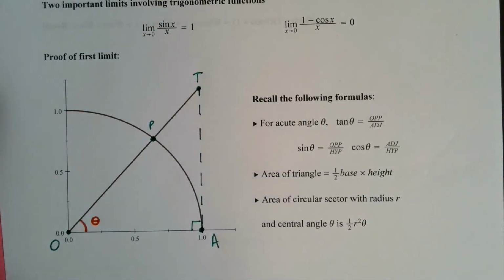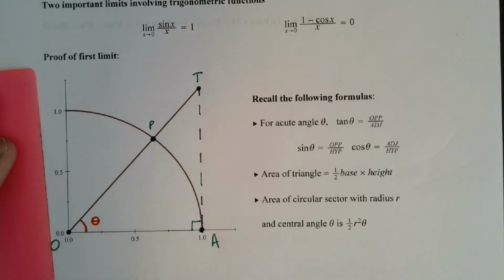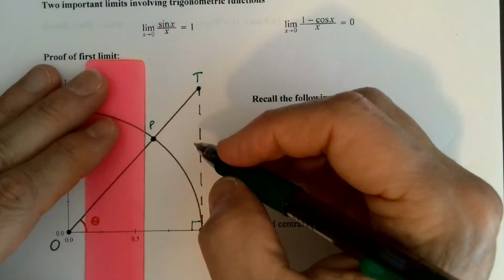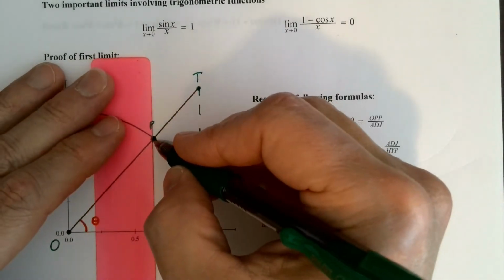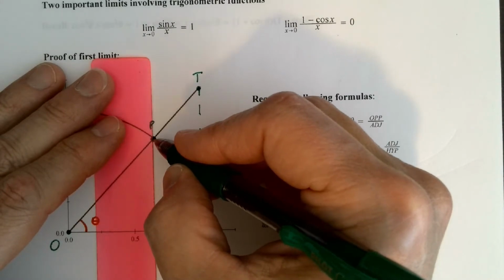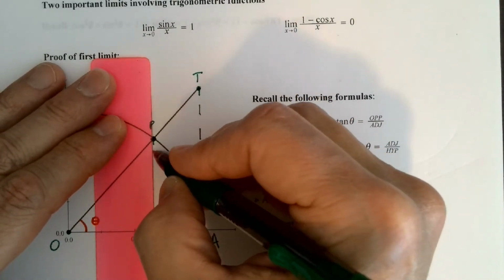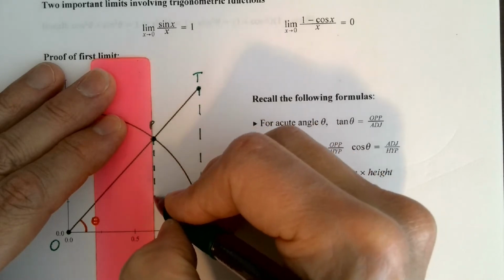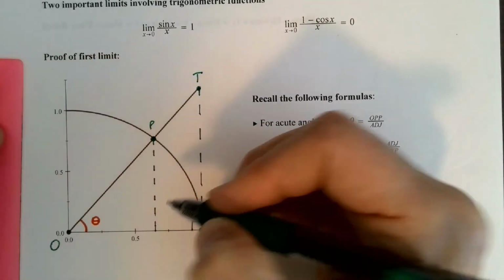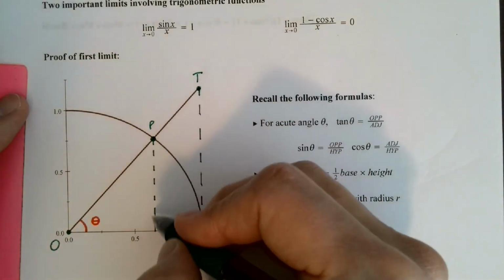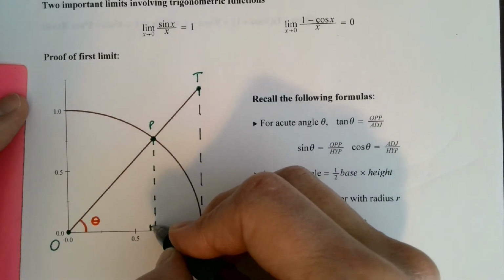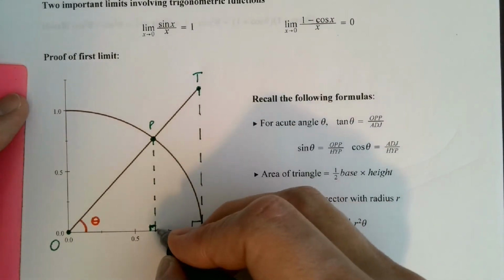Now, I want to form a couple other triangles here. I want to look at dropping a perpendicular from this point P down, so this is 90 degrees again, to this point.